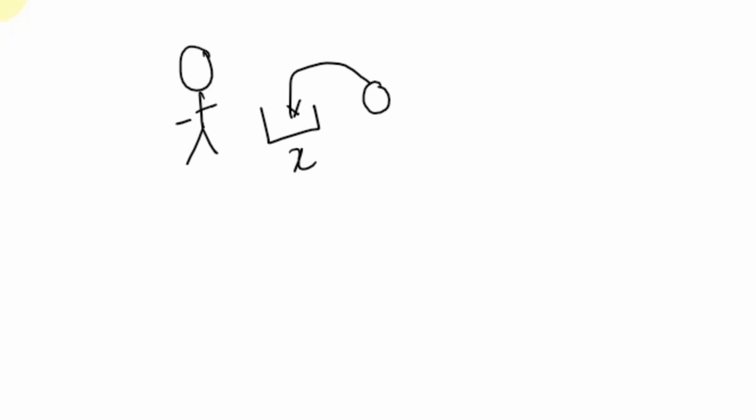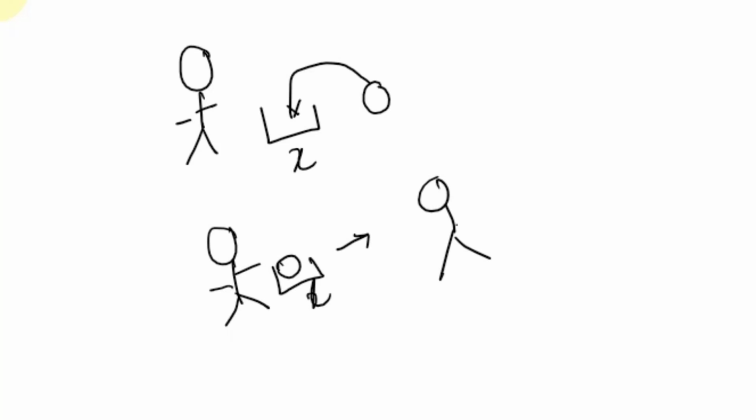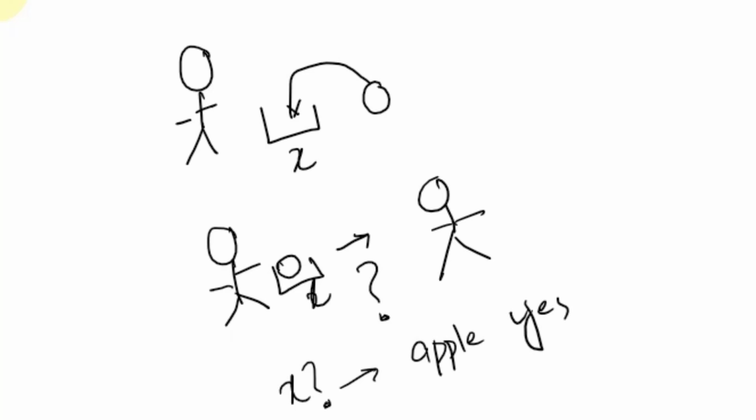When he puts something, he will take it, that is X, and in X he has something, and will ask the other person, what is this? So what is X? If X is an apple, he will say yes, otherwise he will say no. So that is the overall condition.